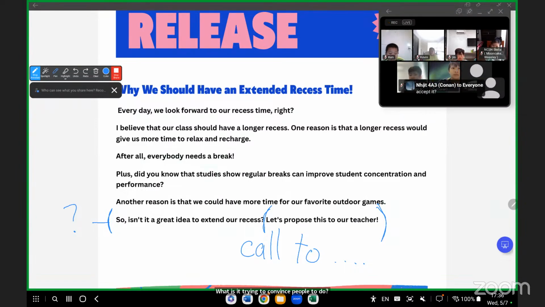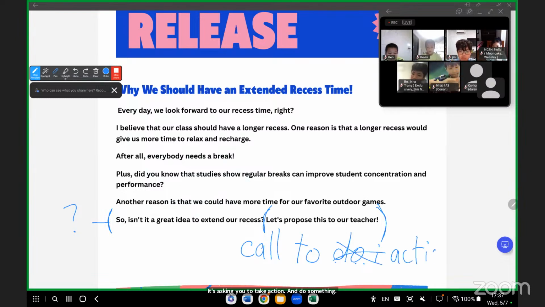Not accept it. It's a call to do it. So it's telling us, let's go and talk to our teacher about this. So it's a call to action. It's asking you to take action and do something. So it's a call to action.